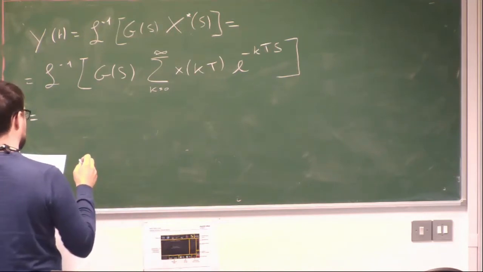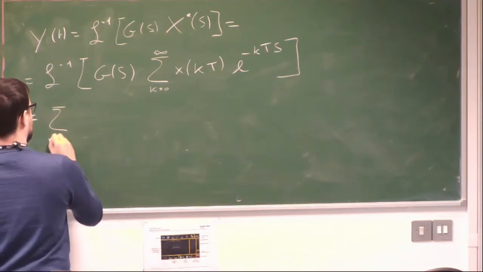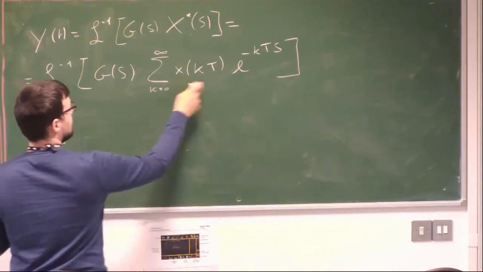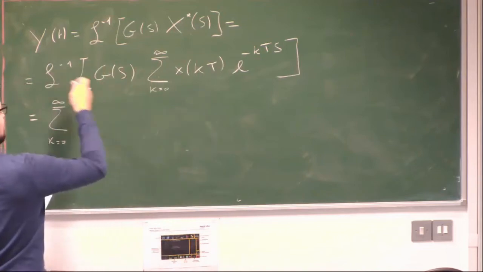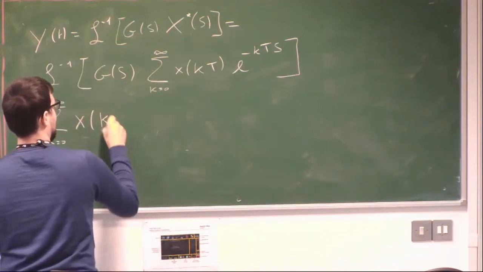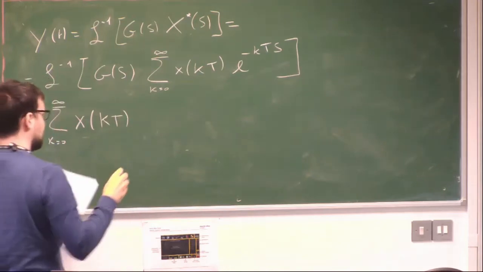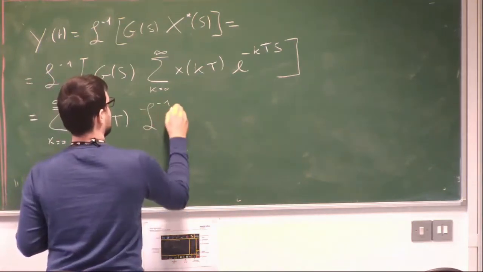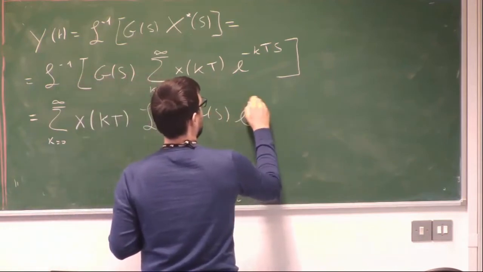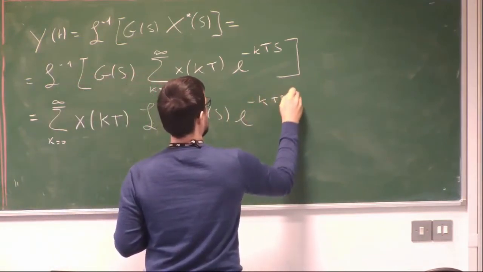So this is equal to the sum with k going from 0 to infinity. Then x(kT) is a constant, so we can bring it outside the inverse Laplace operator. What remains is the inverse Laplace transform of g of s times e to the power minus kTs.